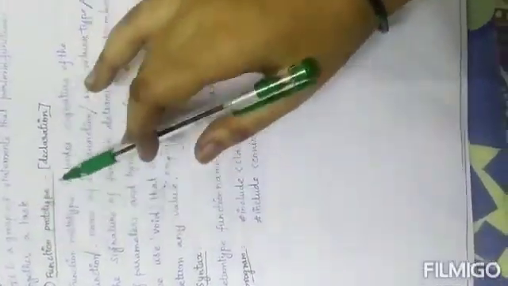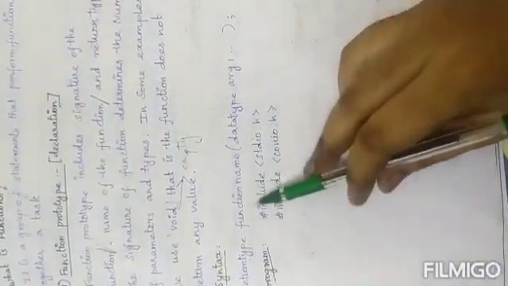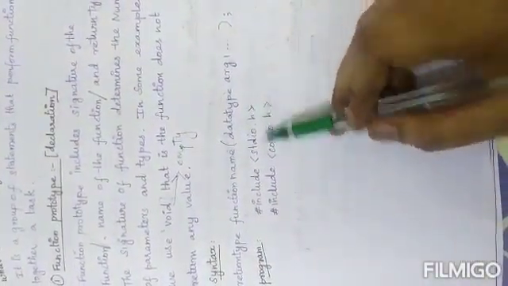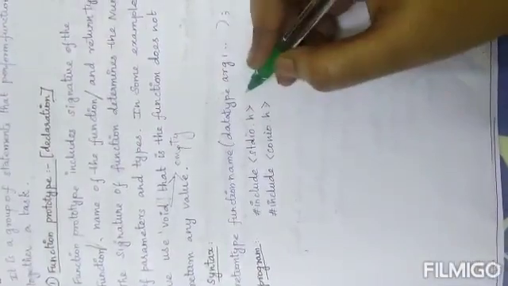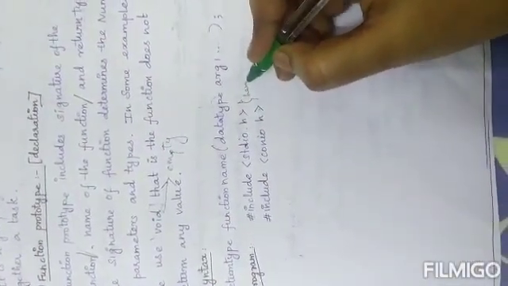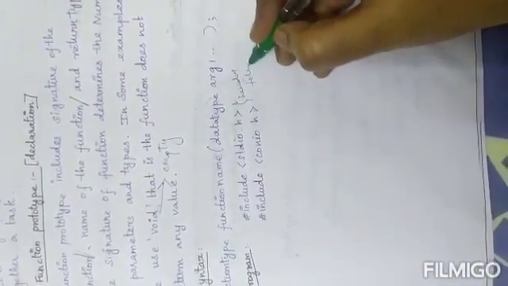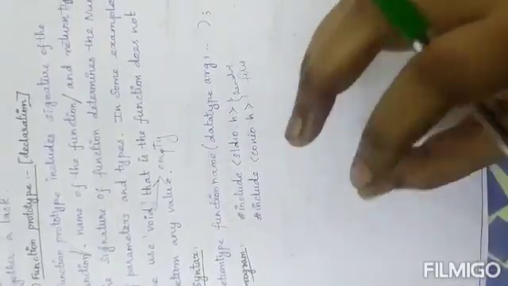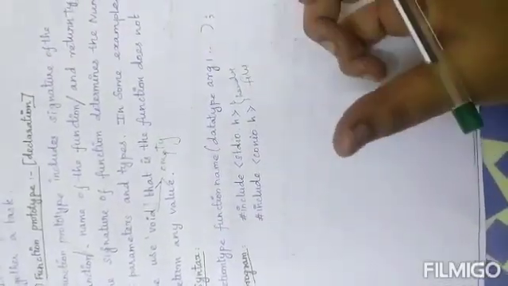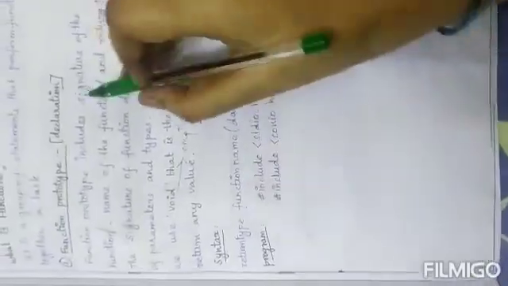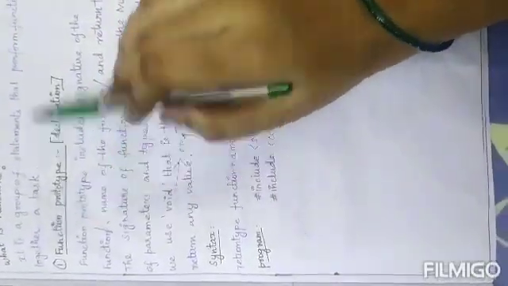Now we are going to see an example program for this function prototype. As it is a C program, we have here #include stdio.h, #include conio.h. These are the 2 basic header files. Next, before giving the void main function, I have to declare a function.